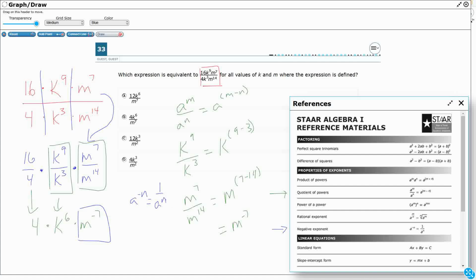So when we have this a to the negative n, it's that negative that makes it flip down into the denominator. So this m to the negative 7 is really 1 over m to the 7. So I need to bring this down, and really what you get is m to the 7, and now we see our answer there as B.